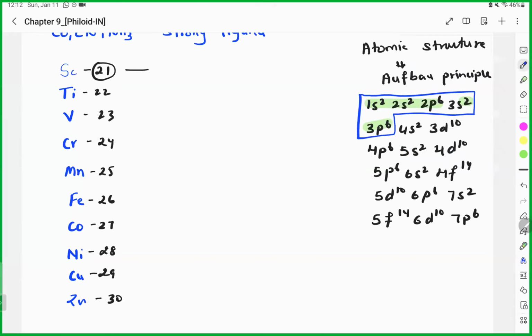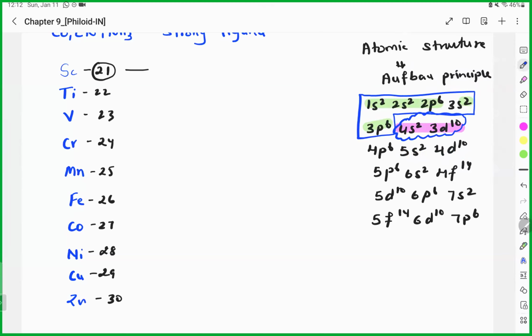Now in your d block, we are focused on this part. First 4s and then 3d. So this is the part of the electronic configuration we are really bothered about: 4s2 and 3d10. And the same thing happens here.